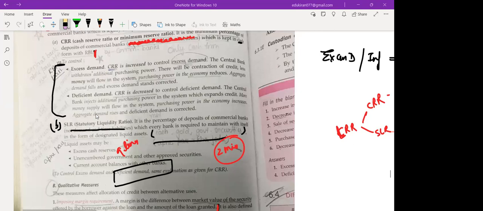I'll tell you, Vivek, you need to keep 100 rupees with me, and you need to keep some money with yourself too. That is your SLR. The cash reserve which you give to me will be only in cash form, but the amount which you keep with yourself can be in the form of cash, gold, government securities, anything. Okay, ma'am.